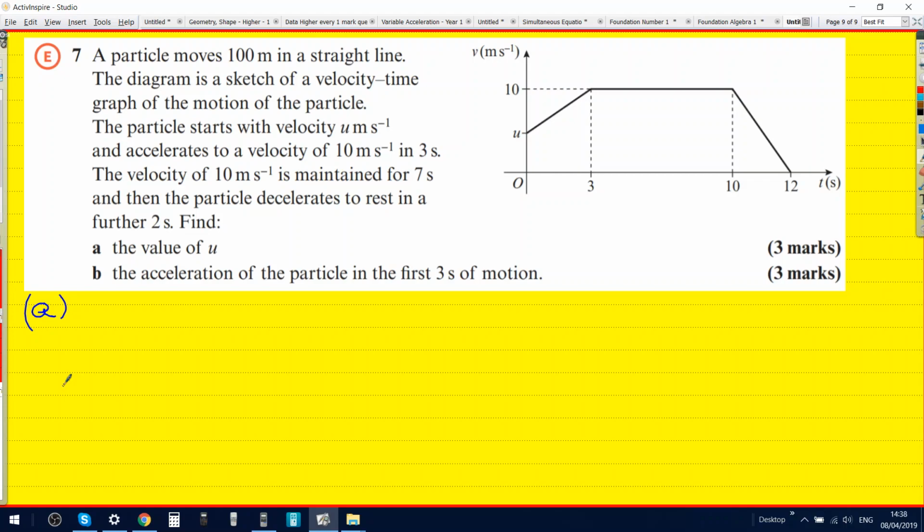How did you get that? Half 7 plus 12 times 10. Oh, I see what you're saying. That won't work because this shape isn't a trapezium, because this line here would have to go down to the bottom again. So what you can do is find the trapezium from 3 seconds onwards. So I'd find that area first.